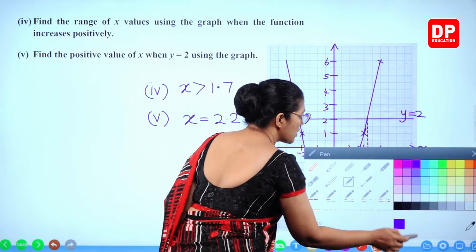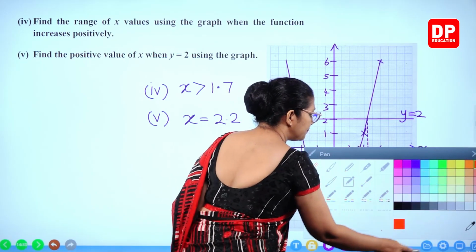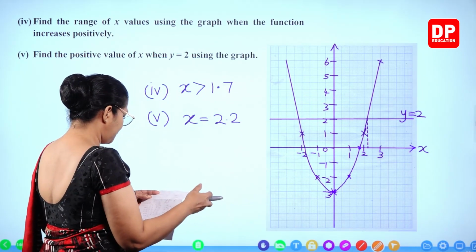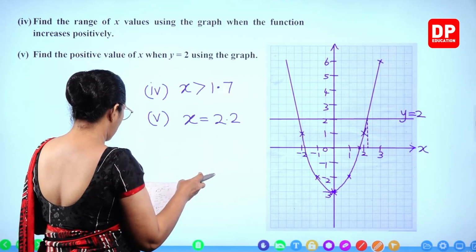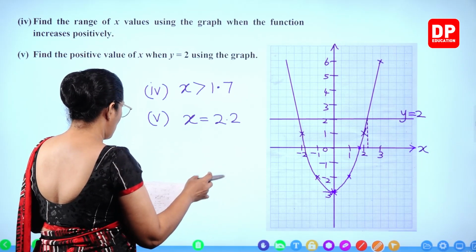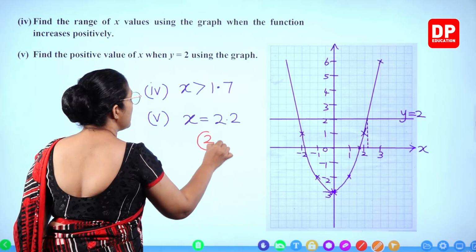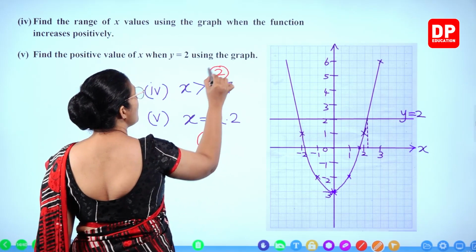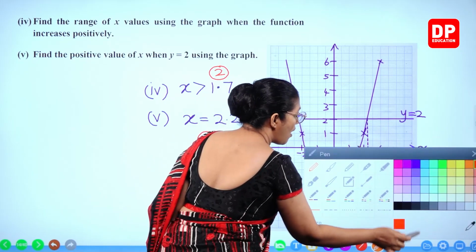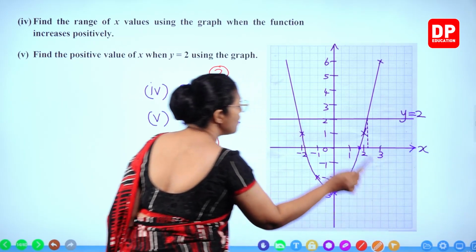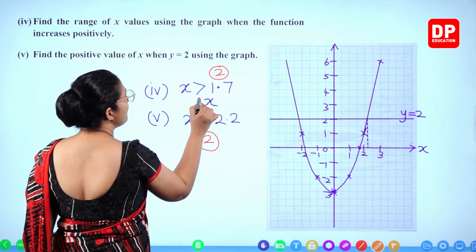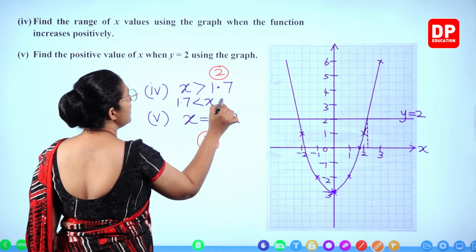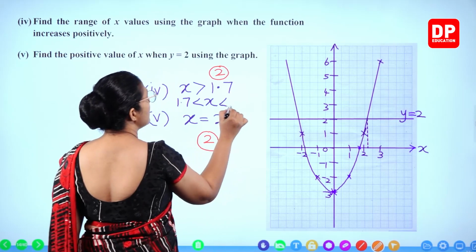So how many marks for these two parts? You are getting 2 marks for this one and 2 marks here. And also here, without writing this, if you are referring only to the graph, you can write x is in between 1.7 and 3 as well.